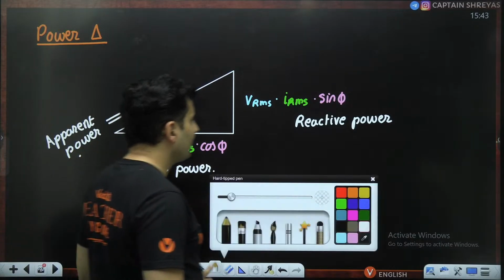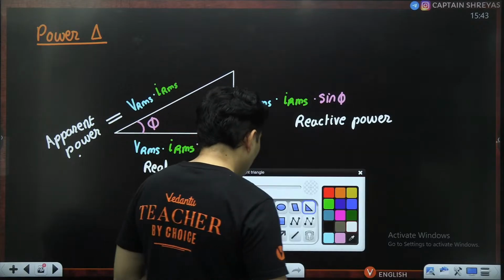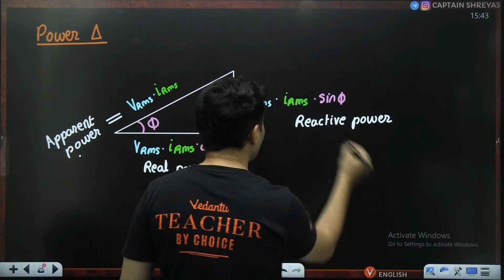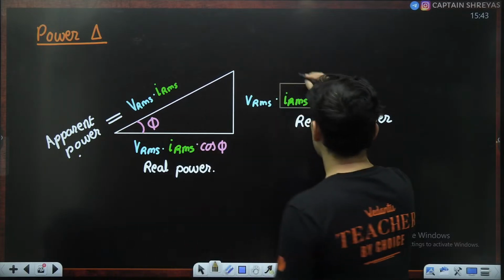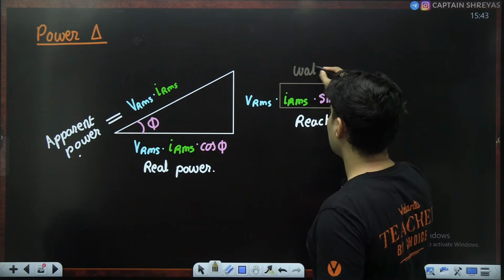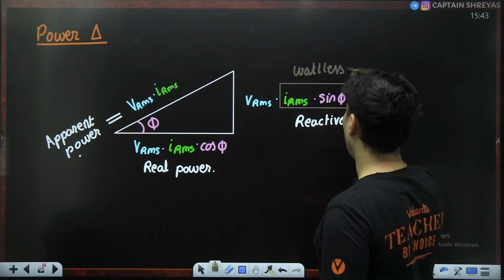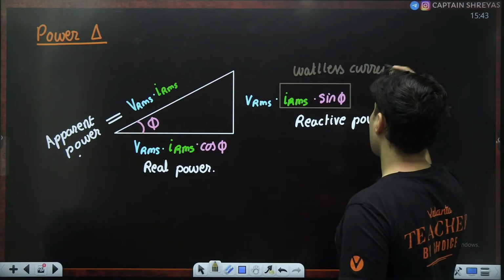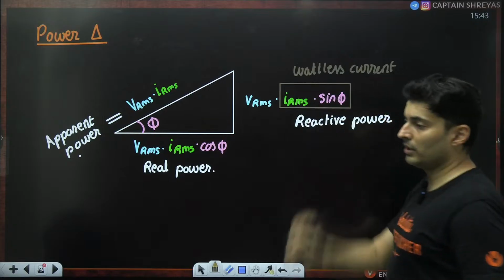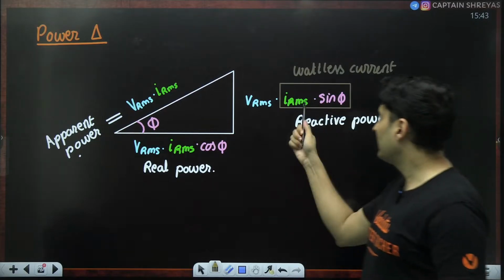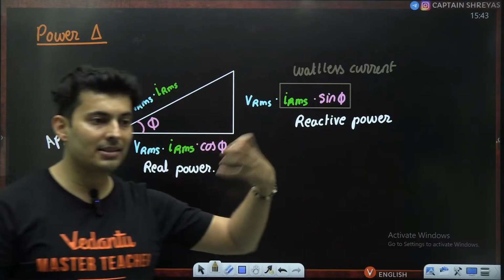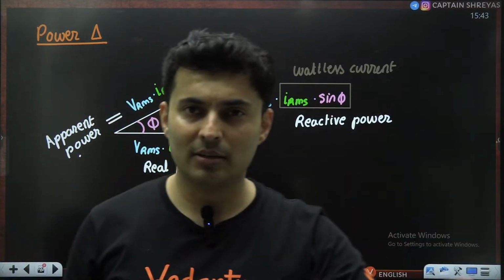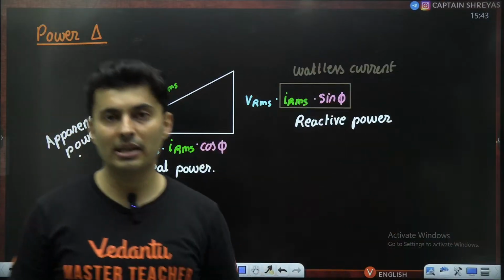Also keep in mind, in this reactive power, you will also see just this much also being called the wattless current. The current which does not cause any power loss is called wattless. Watt means the unit of power. So wattless means it is not causing any power loss.